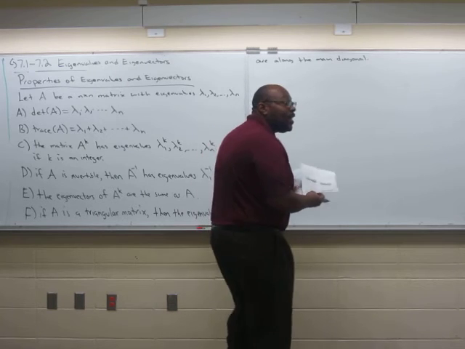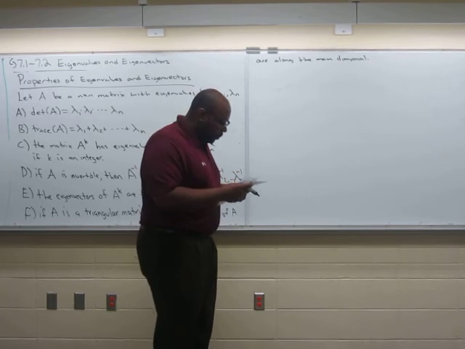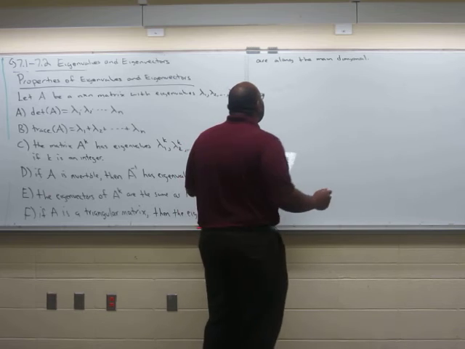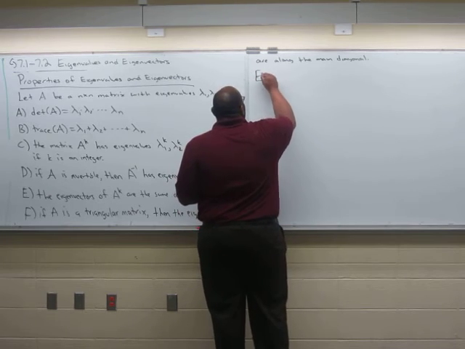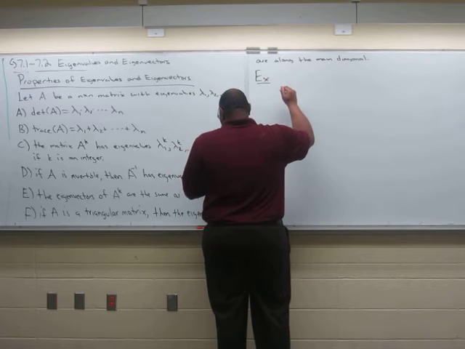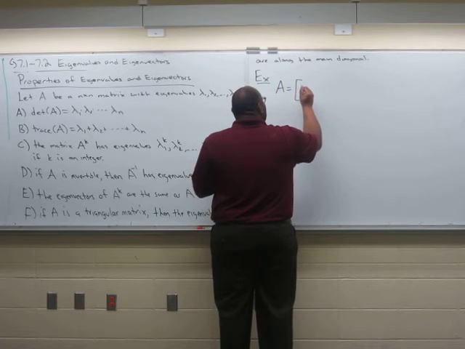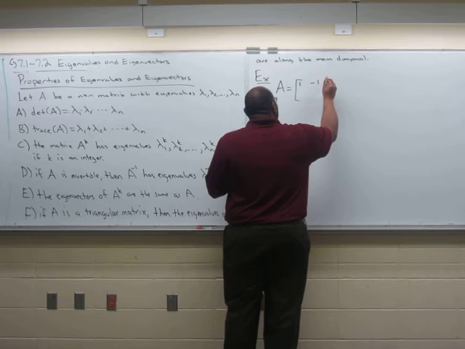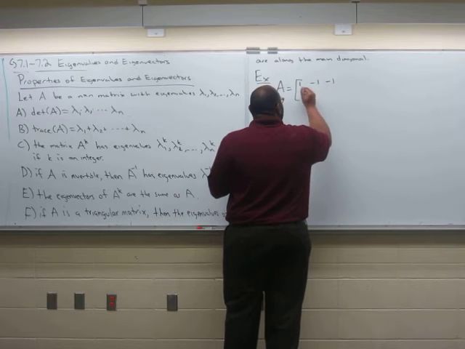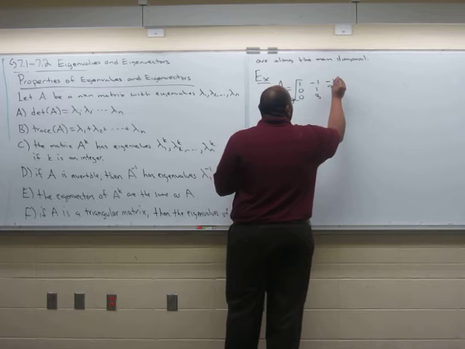The first example was that A, for that 3 by 3, was 1, negative 1, negative 1, 0, 1, 3, 0, 3, 1.